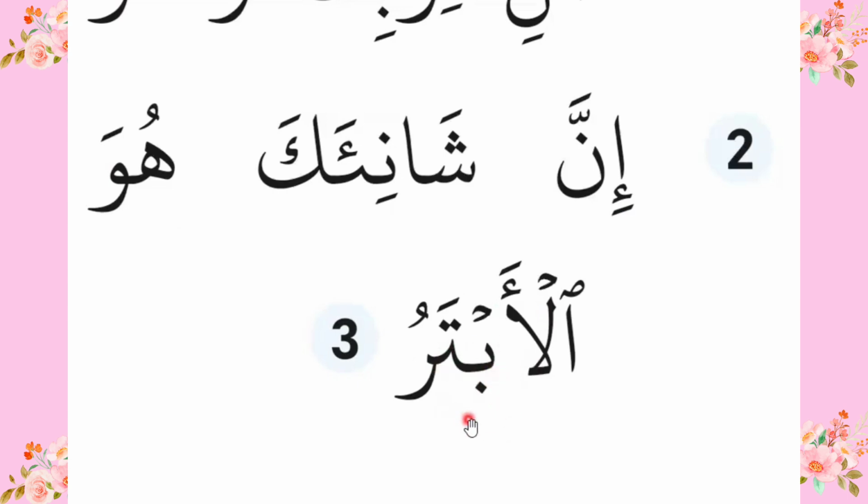For those who are beginners and are not familiar with the qalqala rules, it's fine, don't worry. Just follow the way it is recited. Huwal abtar. Inna shani'aka huwal abtar.